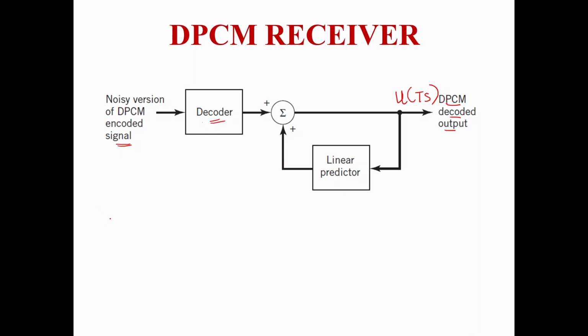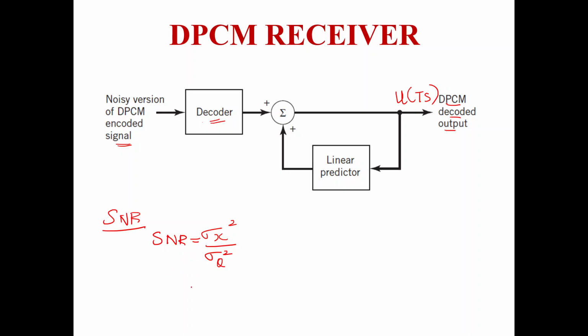We are going to discuss the signal to noise ratio of DPCM. What is signal to noise ratio? So, SNR we are going to find out. SNR can be written as signal variance divided by noise variance. Noise is nothing but my quantization noise.